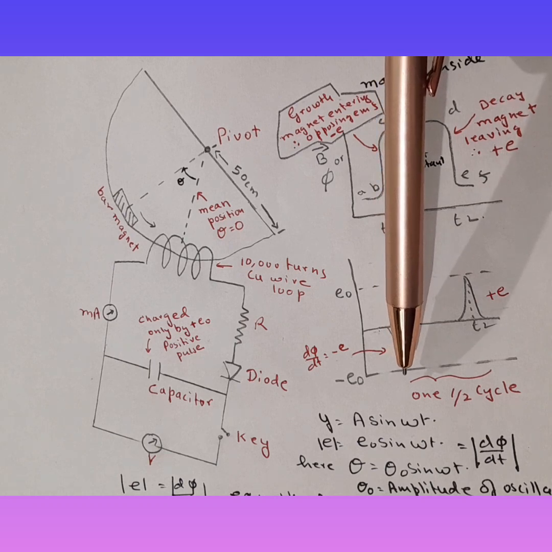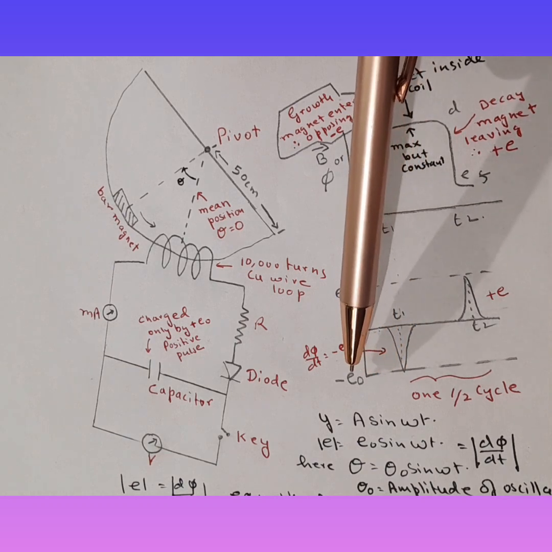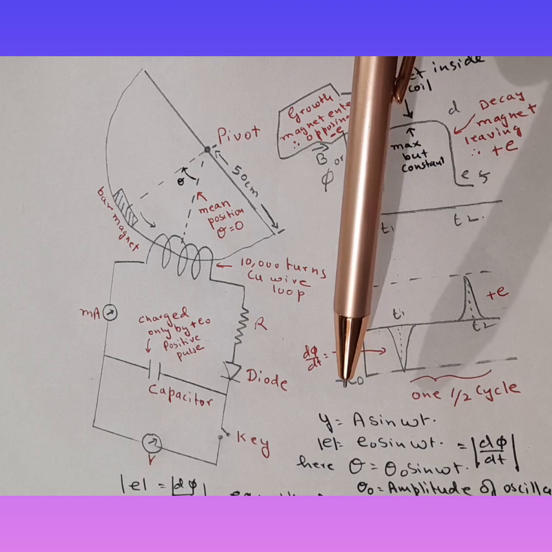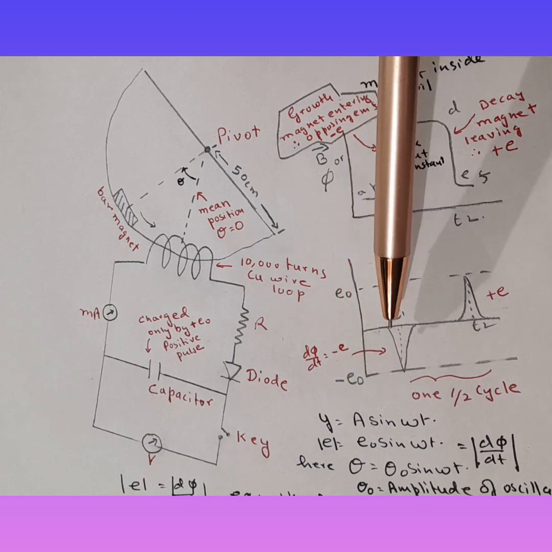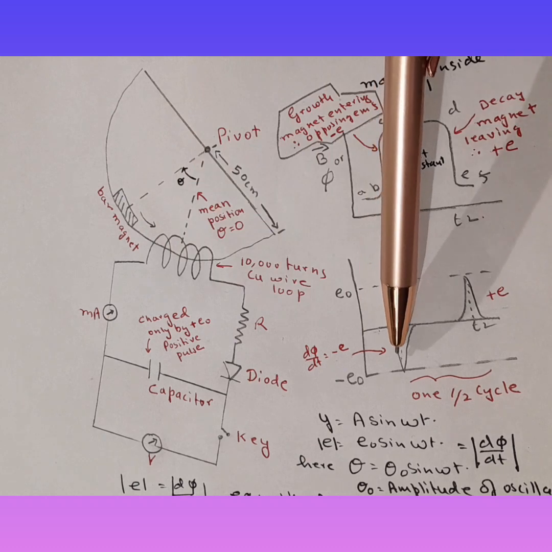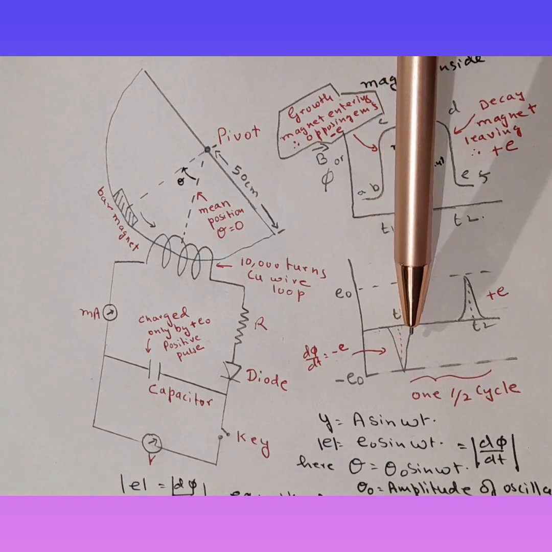I again want to bring to your notice that E0, I0 represent maximum EMF and maximum current. So at t1 it's being cut, and what we end up with is EMF but in the negative direction.